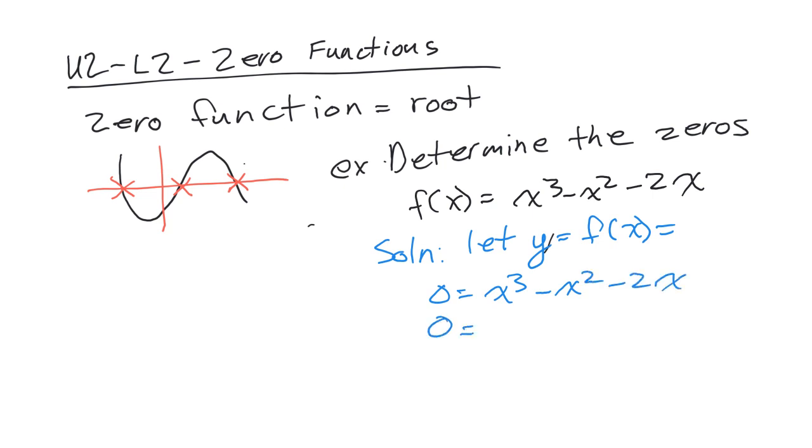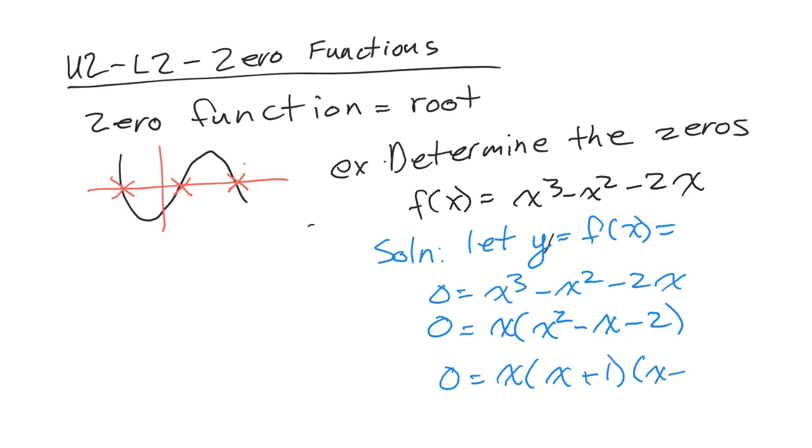I'm going to factor. I look for a way to factor, and the only thing I can factor is an x. So I get x squared minus x minus 2, and then I can factor this part here, and I'm left with 0 is equal to x, and I've got x minus 1, x plus 1, and x minus 2, actually.